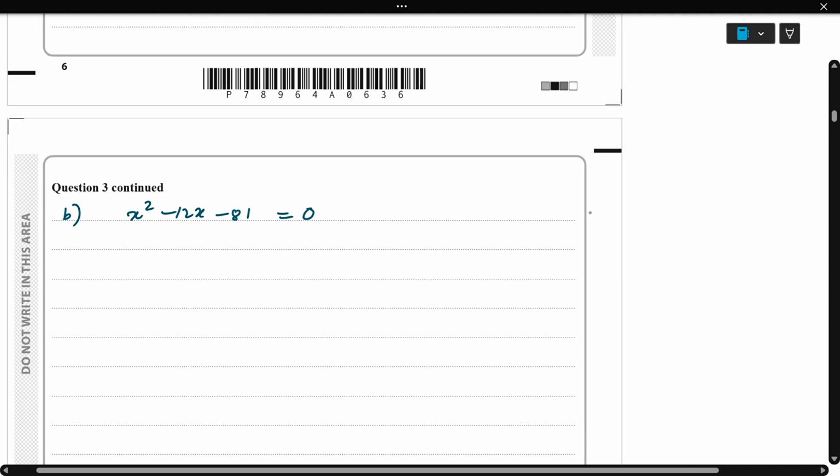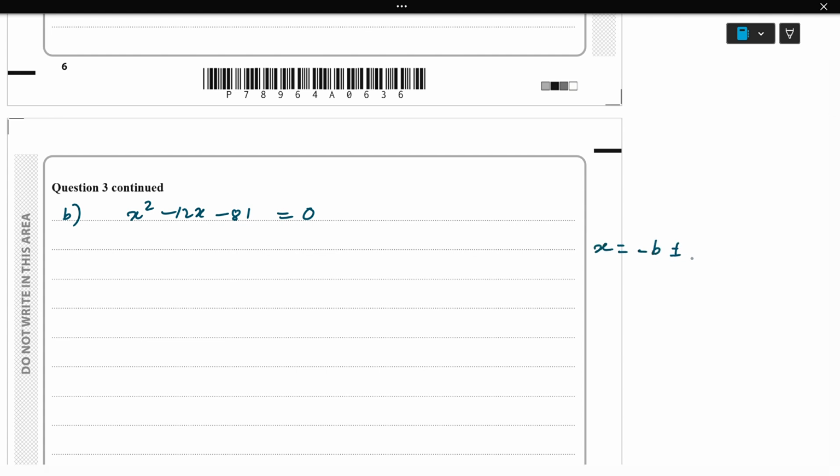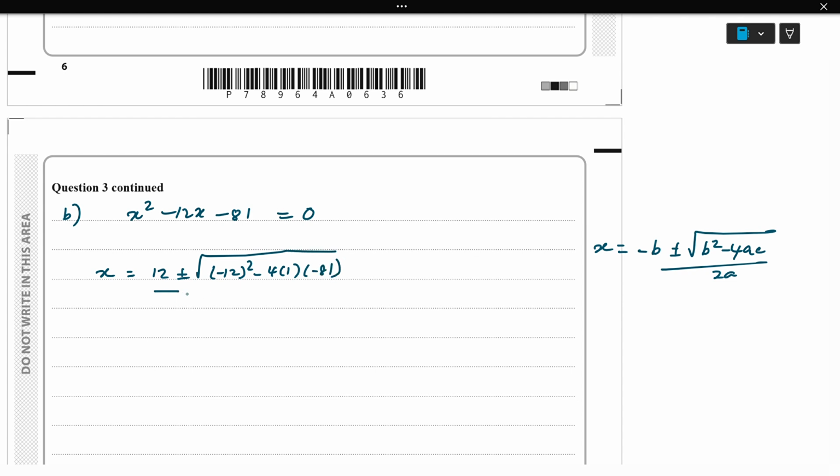The quadratic formula is x equals minus b plus or minus square root of b squared minus 4ac over 2a. So x equals minus b, which is 12, plus or minus square root of negative 12 whole squared minus 4, a is 1 and c is negative 81, over 2 times 1, which is 2.